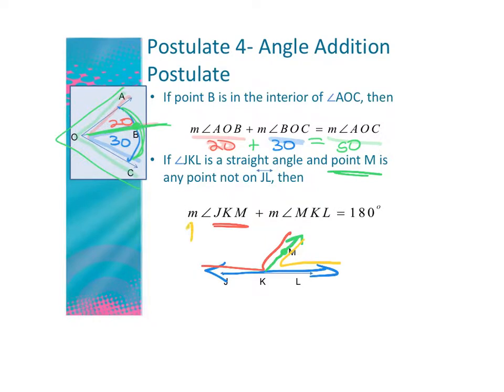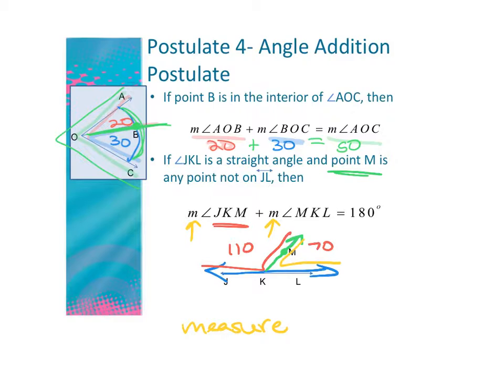This little m in front represents the word measure. So the measure of JKM plus the measure of MKL equals 180. So let's say JKM was 110, and then I could see that MKL, because it has to equal 180, could be 70. So that's the only figure in geometry that you can assume is when it's a straight line, that it's a straight angle.